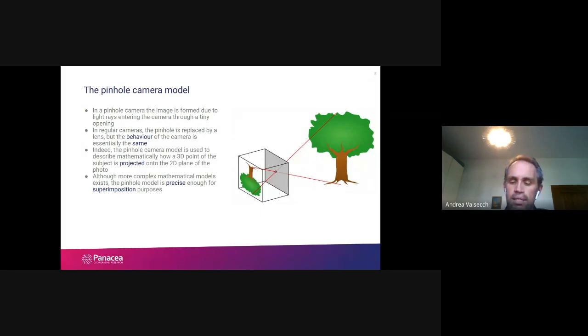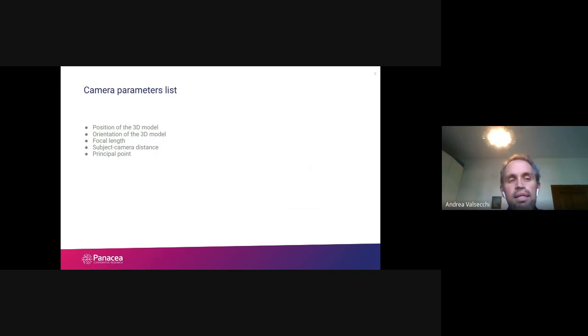Okay, so we are going to use that model. This is the list of parameters that are relevant when you are taking a picture. Obviously, there is the position of the 3D model, there is the orientation, and then we have three more complex parameters. Maybe the first one is not that complex: the focal length.